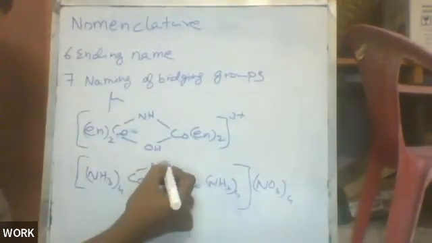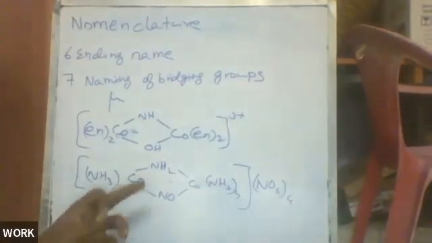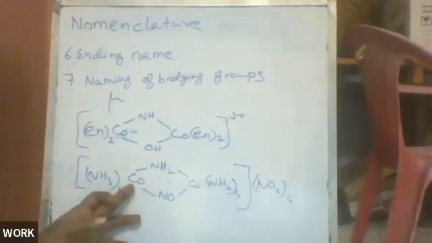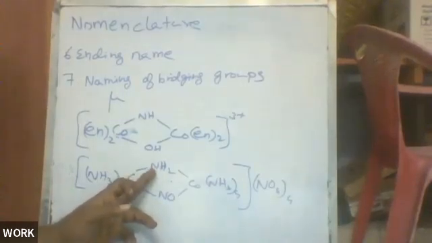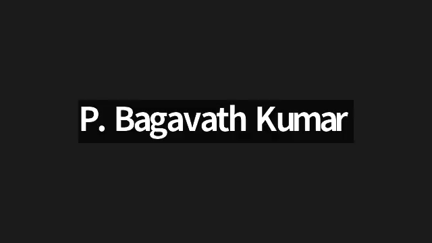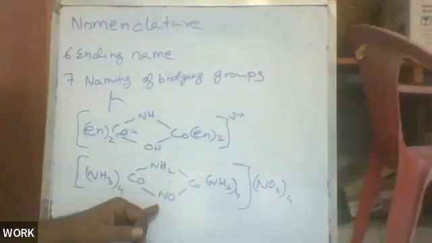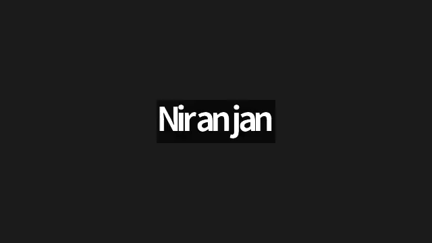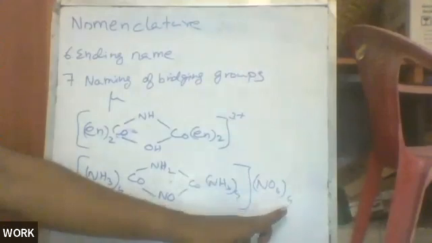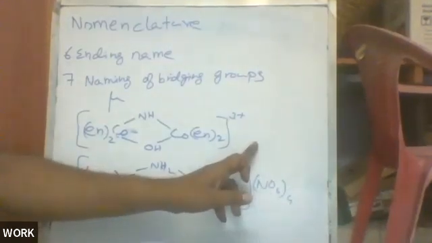NH2 here means amido. So tetraammine cobalt(III), mu-amido, and mu-nitro, tetraammine cobalt(III) nitrate.